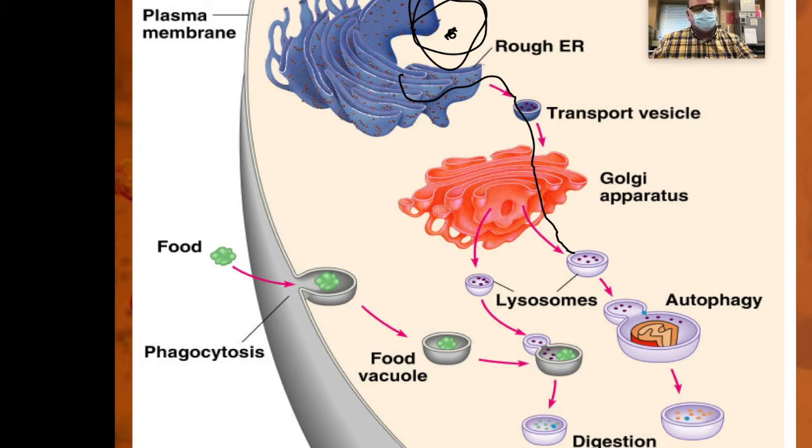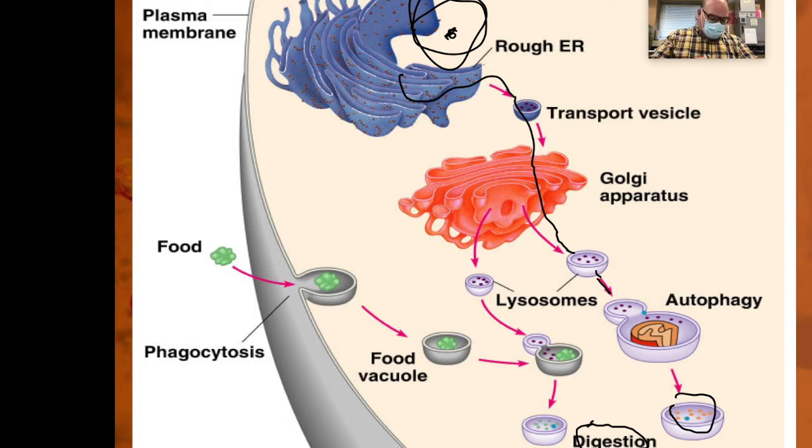Autophagy means self-eat. So this lysosome is full of some sort of product that's going to break down, maybe a protein, maybe a fat. Once it breaks it down, you can see it's in that compartment, and after that it'll be digested, which you can see here. So that's things inside the cell.